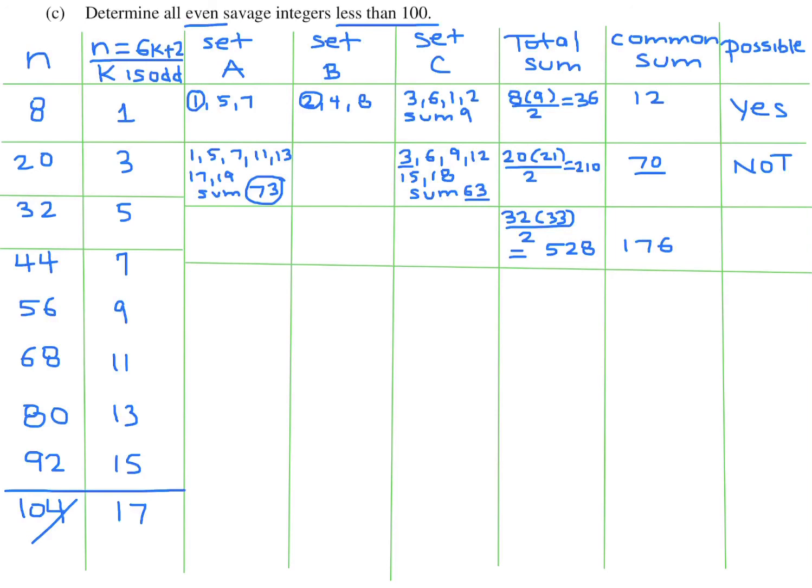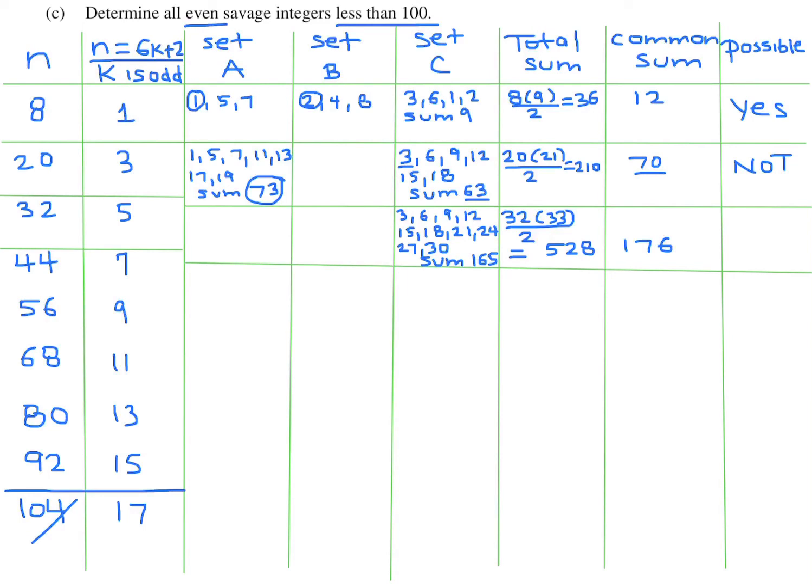So now let's start with set C. So we got 3, 6, 9, 12, 15, 18, 21, 24, 27, 30. And the sum there of all those numbers is 165. All right. Is that okay for now? Yeah, it's okay. It's less than 176. So we can add something to it from set A or set B like we've done before.